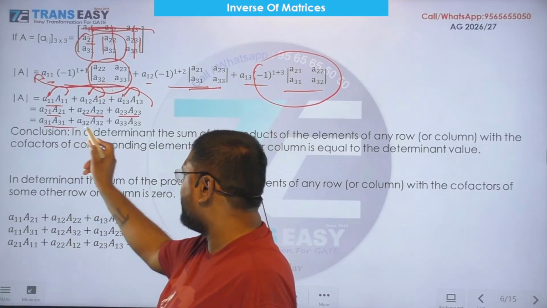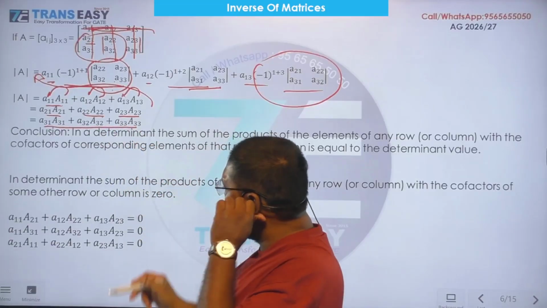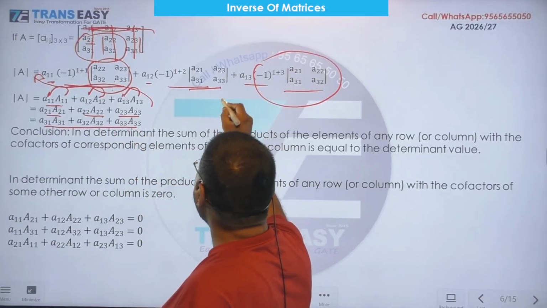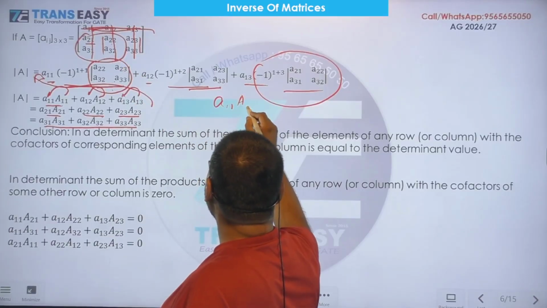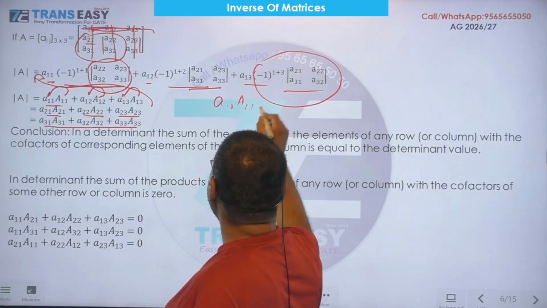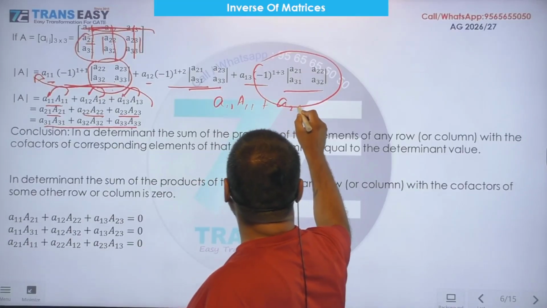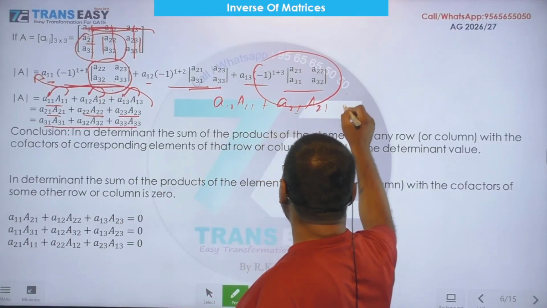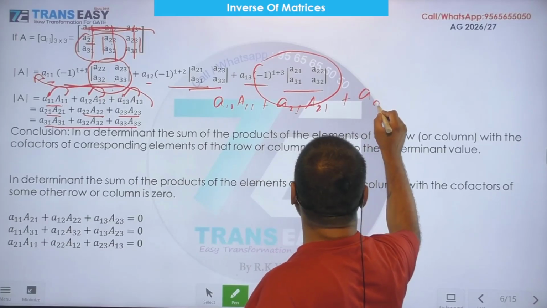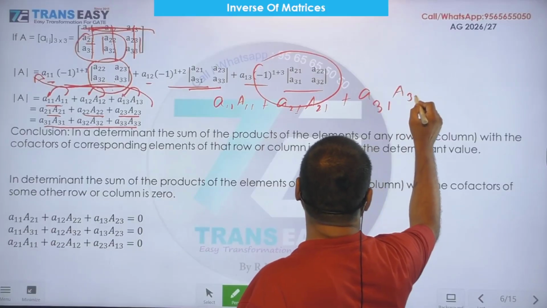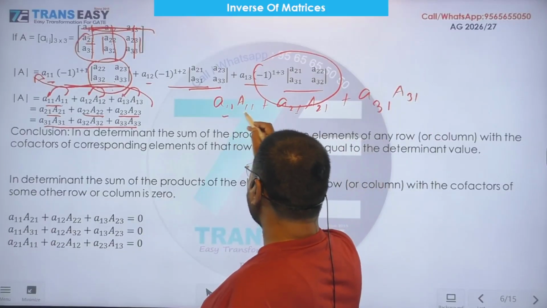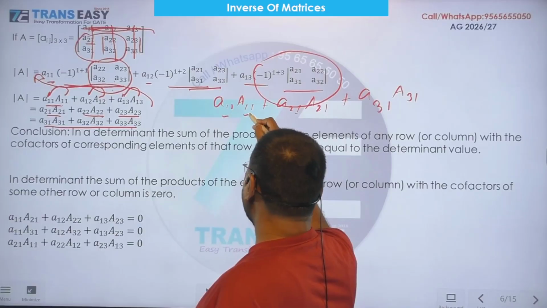Similarly we can write like this. बात समझ में आया? ऐसे भी A11 A11 plus A21 A21 plus A31 into A31, element into its cofactor.